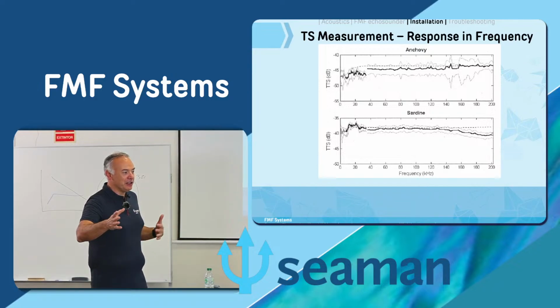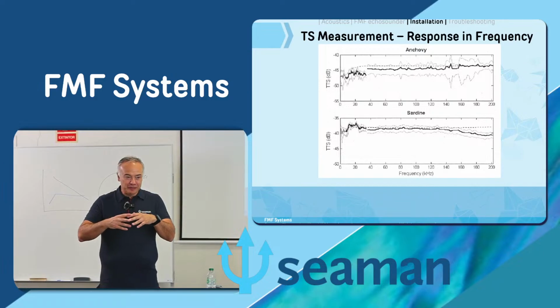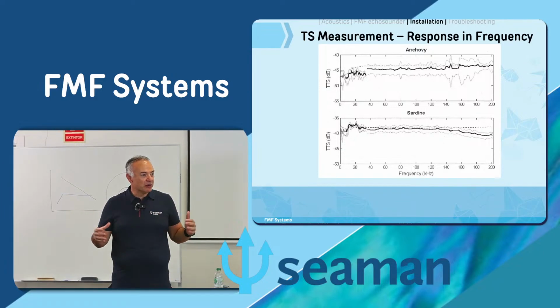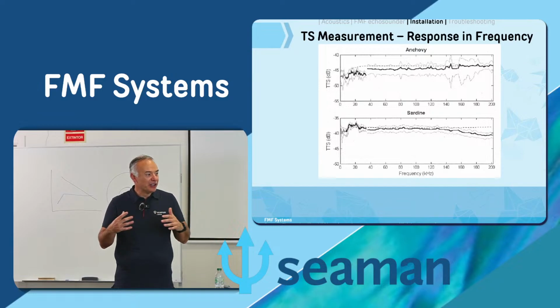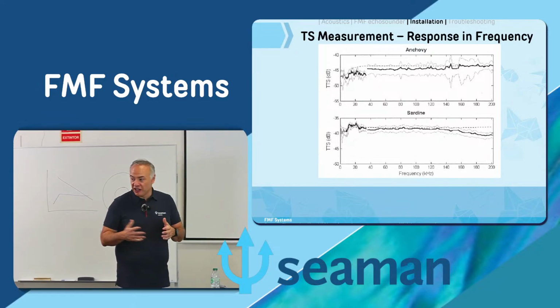So all the shoals tend to be very uniform. It's a small variance in the size in the shoal of pelagic fish, generally speaking.